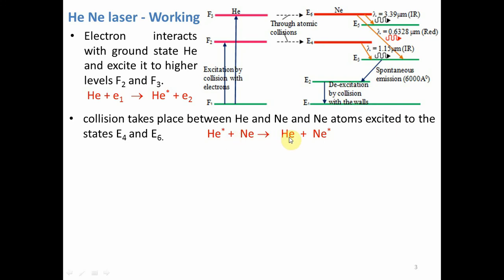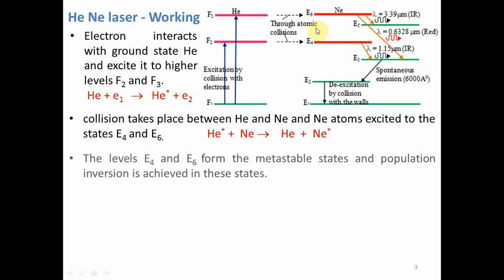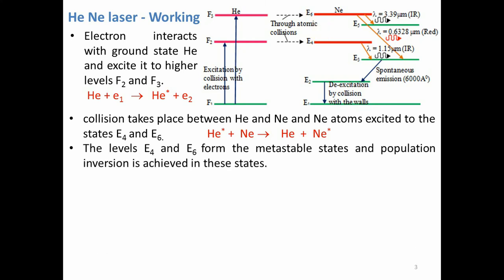That is, helium atoms are de-excited and neon atoms are excited to the levels E4 and E6. Before transition, helium atoms are in the levels F2 and F3, and these high energy helium He star atoms make atomic collisions with the lower energy neon atoms and they exchange their energy. So neon atoms are excited to the levels E4 and E6. These E4 and E6 act as metastable states and population inversion is achieved in these states.